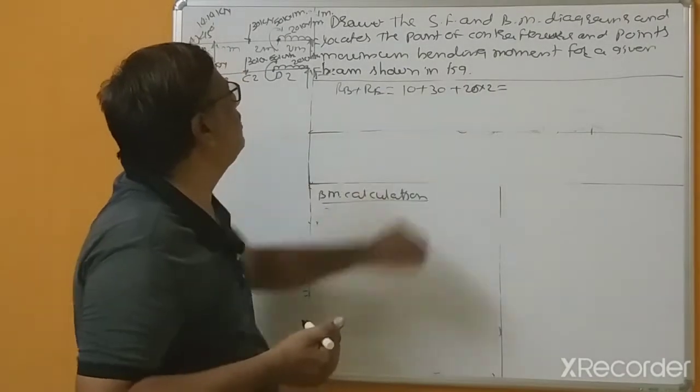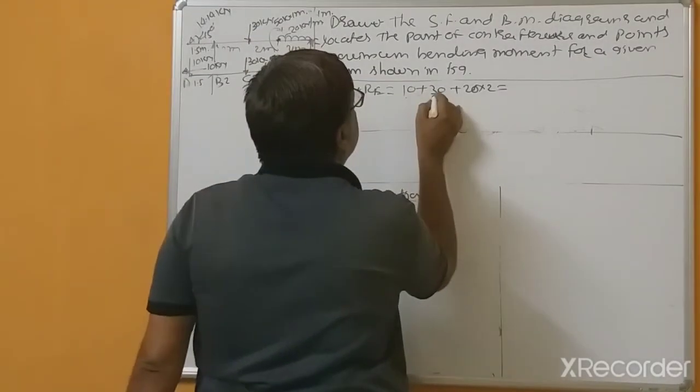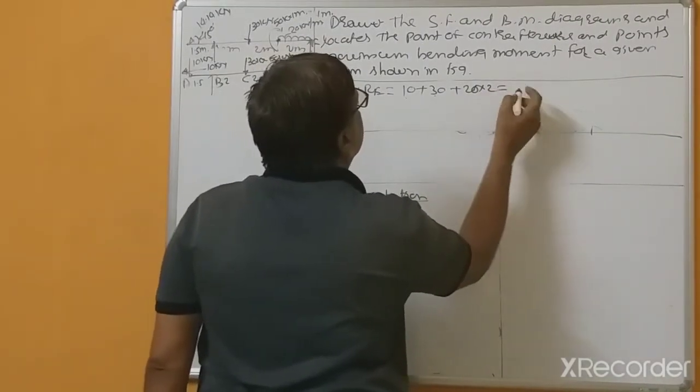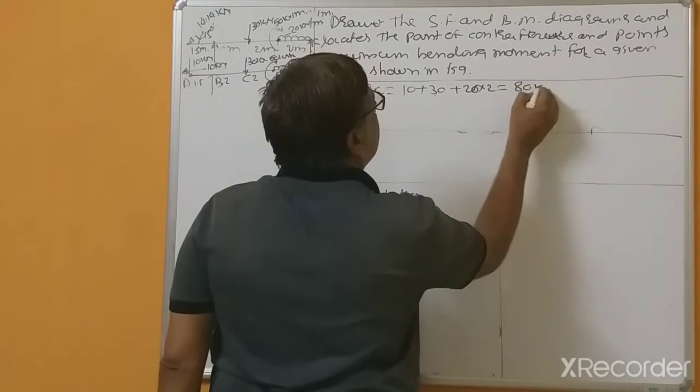So 10 plus 30, 40, plus 40, this is equal to 80 kilonewton.